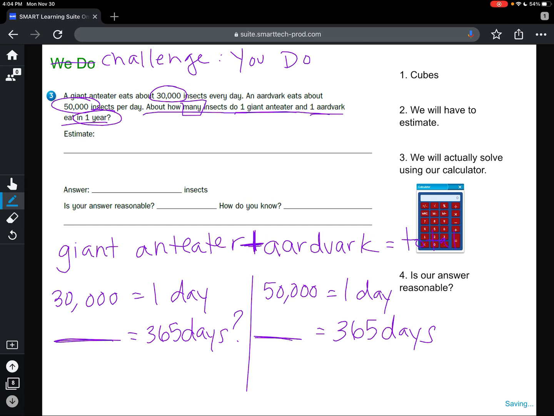And it wants to know how many do they eat in 1 year. So you're going to add them together. So I'm going to do G for giant anteater and then A for aardvark. So then you'll do G plus A, and that will give you your total.